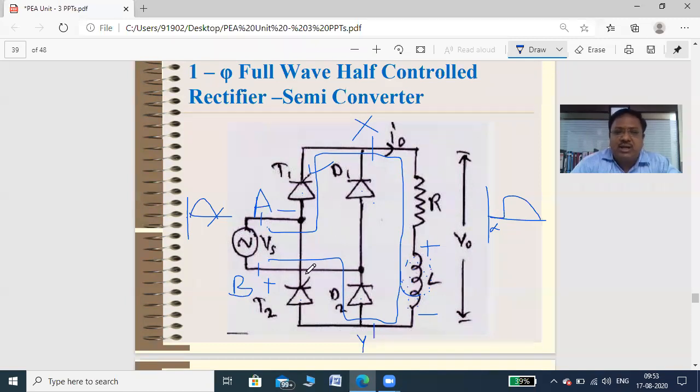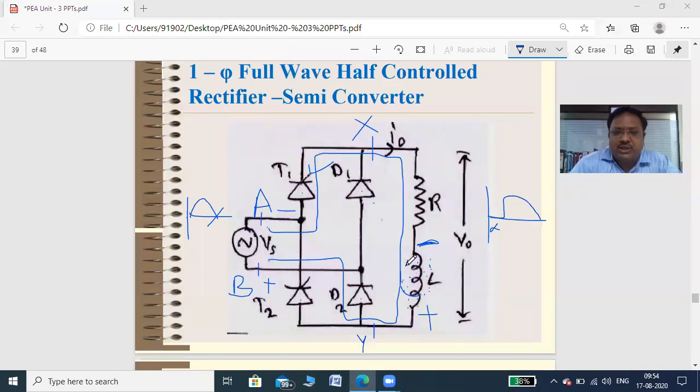But what happens until and unless a triggering pulse is applied? Whenever the supply gets reversed, the polarity of the charge stored across the inductor gets reversed. Okay, so the polarities of charge across the inductor are shown in the figure. So the inductor starts to release its energy.